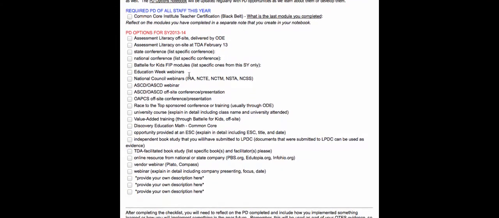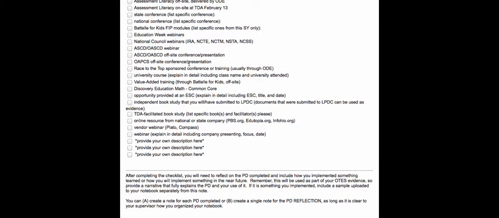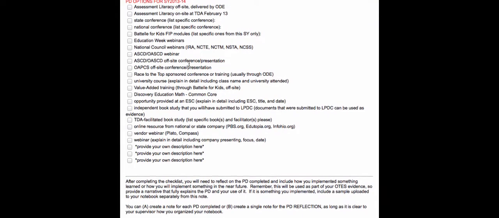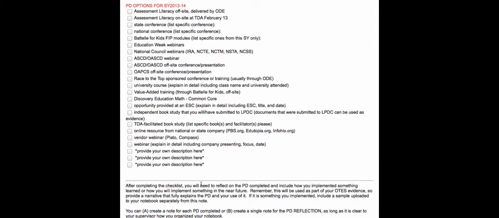The reason we put together this notebook as an individualized one is because we wanted to give everyone the opportunity to not only indicate the professional development that they have been doing throughout the school year, but to give you a place where you can reflect on how you have taken something from a professional development opportunity and implemented it, whether it was within your classroom through a curricular change, whether it was something you did through a PLC process, or maybe a resource you made for students.